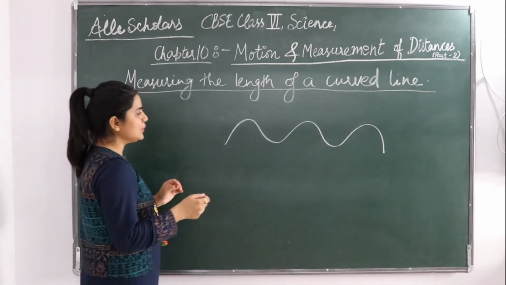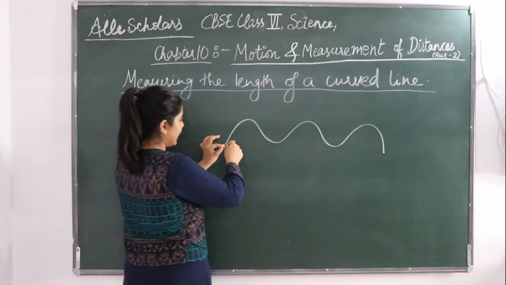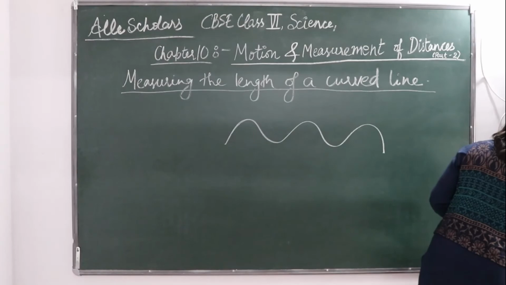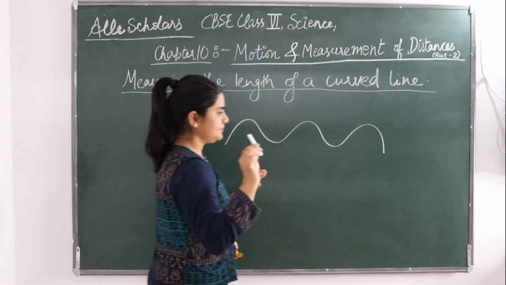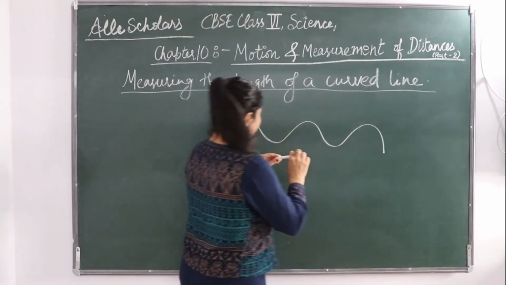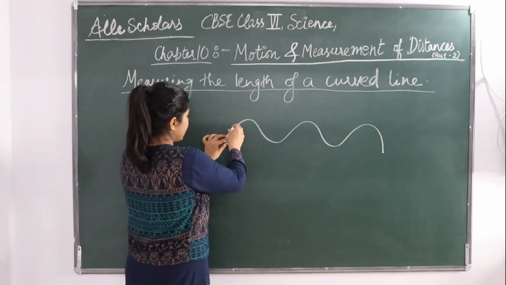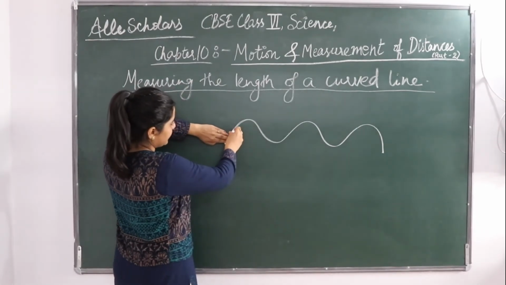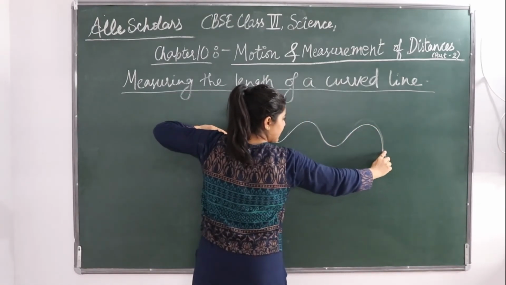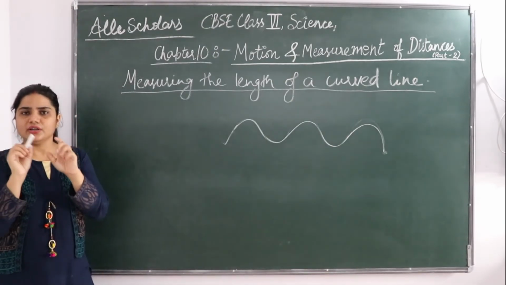And what you have to do is tie a knot at one end. Suppose this is the thread you are having. You tie a knot at the one end, start from here and continue the thread moving like this up to here, and again here you tie a knot.